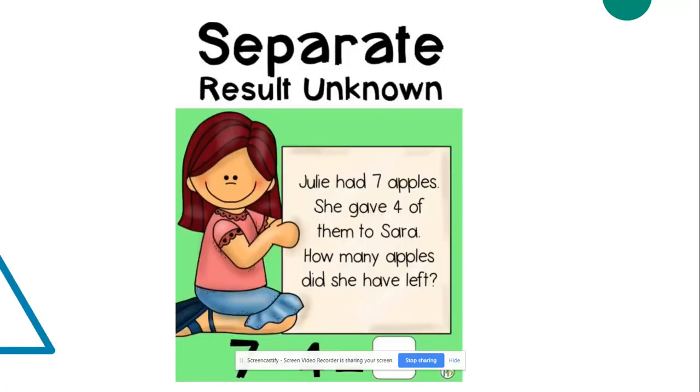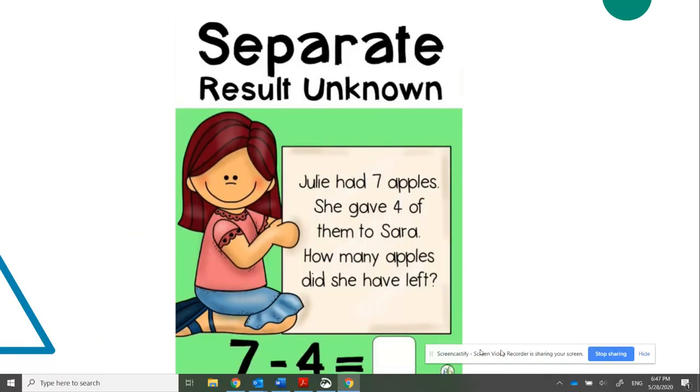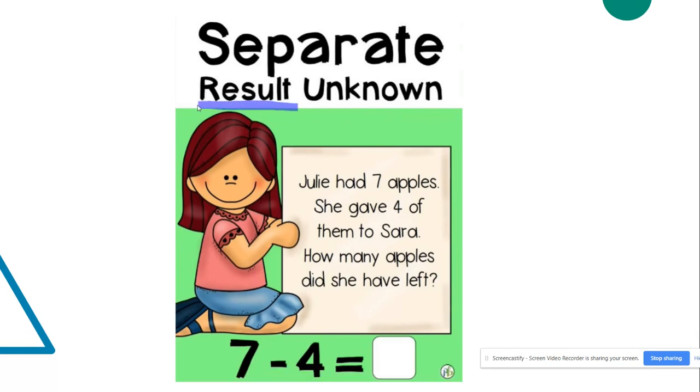So let's have a look at our separation poster or our takeaway poster. This is the simplest subtraction problem, where you don't know the answer. So this one's called separate, but the result is unknown. So let's see what that looks like.